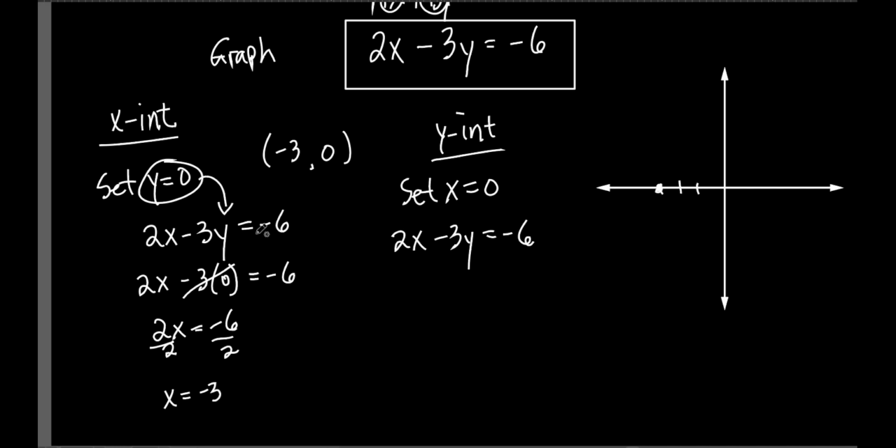Okay, but what we will do, if I wanted to graph this using the x and y intercepts, to find the x-intercept, I always set y equal to 0. I put it in here, do the math, figure out my x's, boom, put it on my graph. How do I find the y-intercept? Where does it cross the y-axis? Well, I set x equal to 0, solve for y, and then I'll know where to put my point on the y-axis.